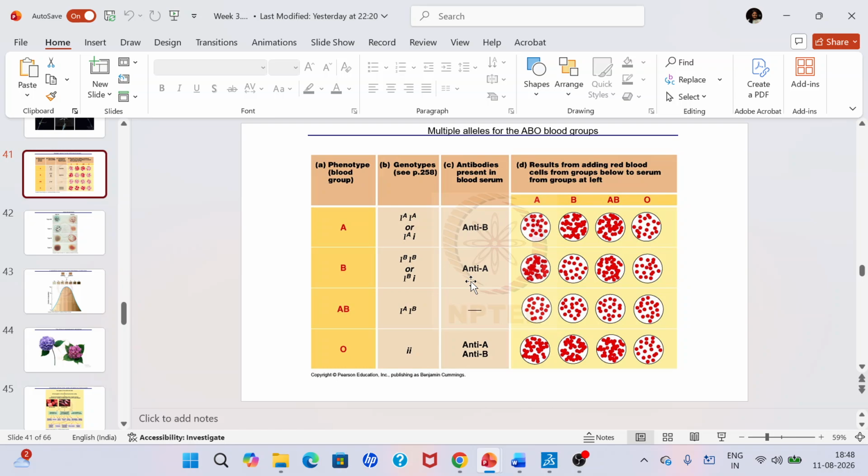When IA and IB are both present, we'll get a co-dominant AB blood group, because these together can coexist and are co-dominant over O. But when we get the small i situation only, then we will get O blood group. So this is basically multiple alleles for a single character, that is blood group.